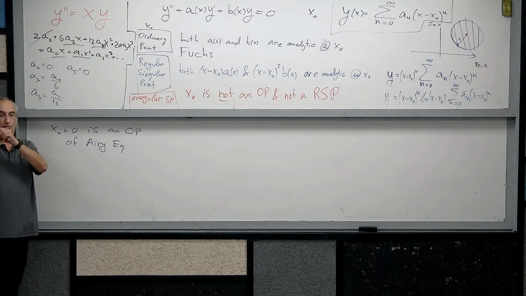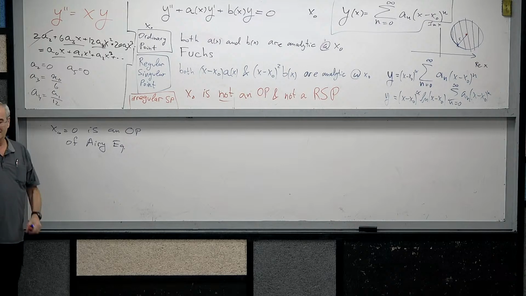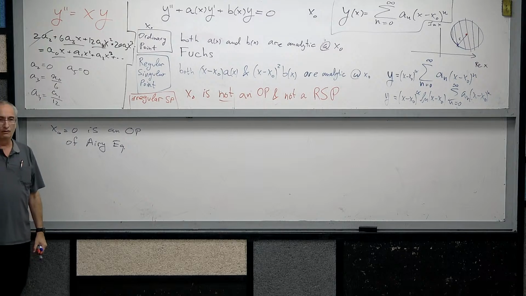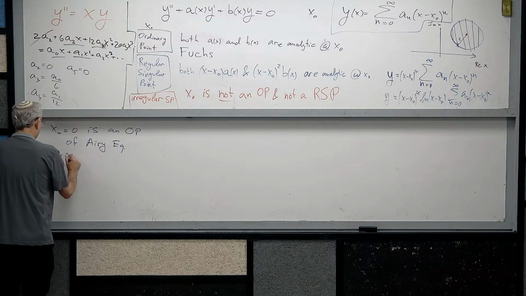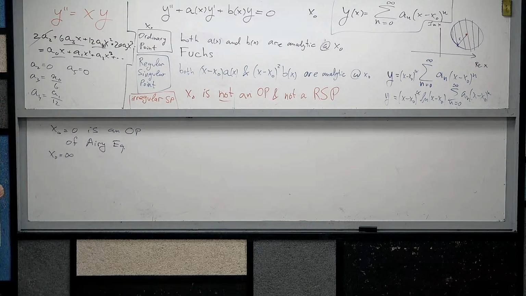Yes and no. Why? Because there is one important point, infinity. Right? So, what about x naught equals infinity? Is that an ordinary point of the Airy equation?